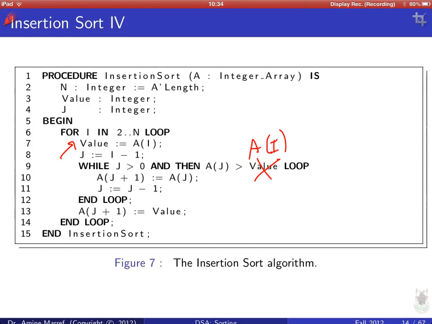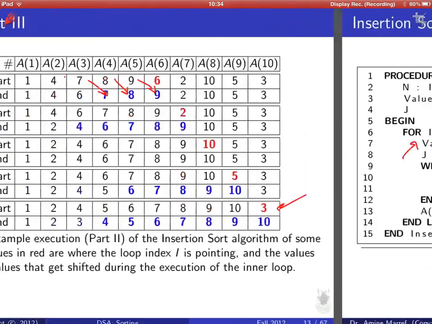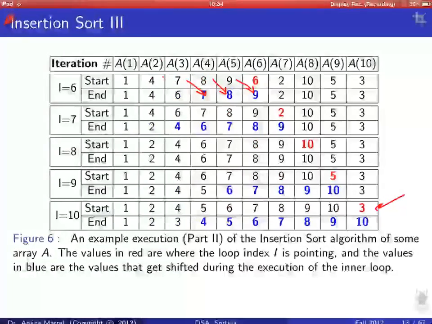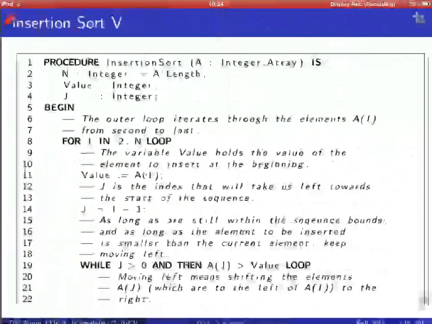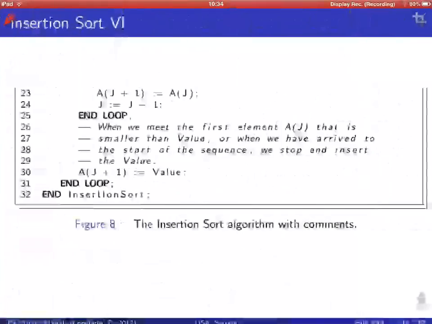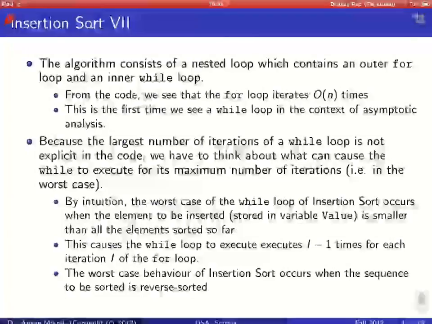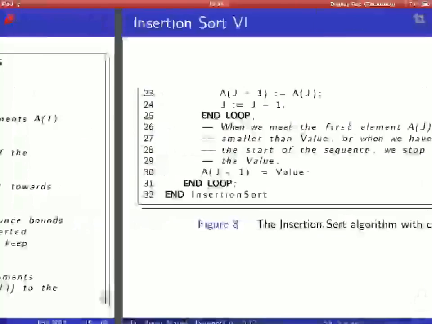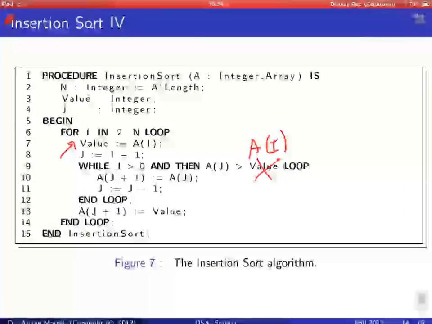Then I move to 3, look to the left, 5 and 4, so I shift 5, shift 4, and put 3. Then for 2, they are all bigger, so I shift them all, 5, 4, 3, and put 2 here. And then 1, they are all bigger than 1, so I shift them all, and I end up having 1 here.